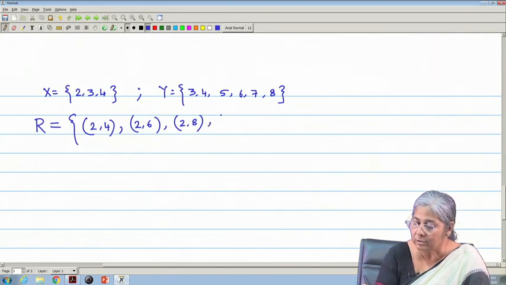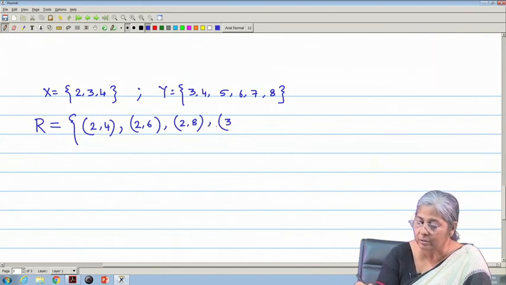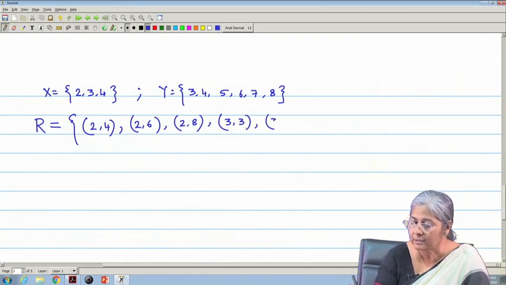Now, if I consider 3, then (3, 3), (3, 6). If I consider 4, then (4, 4) and (4, 8).